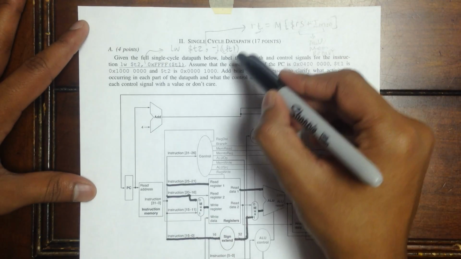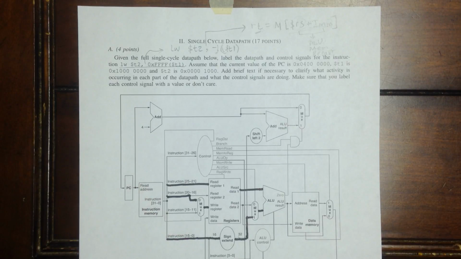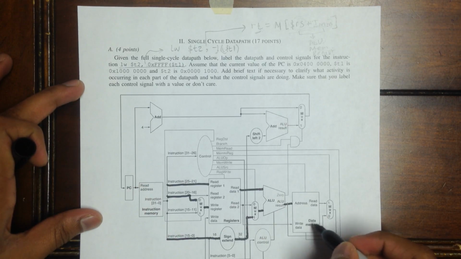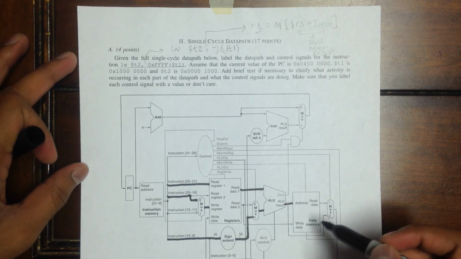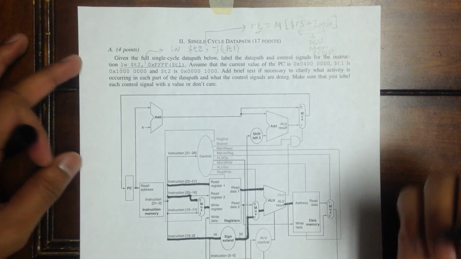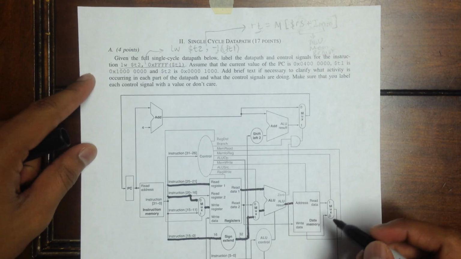We also have an immediate value that's -1, which is sign extended and goes into the ALU. This ALU goes into the address of the data memory. So we call the data memory at the address RS plus immediate, that is T1 minus 1.